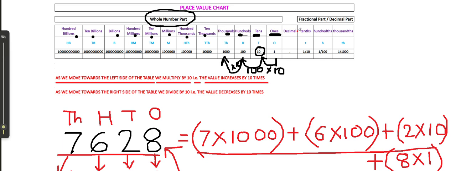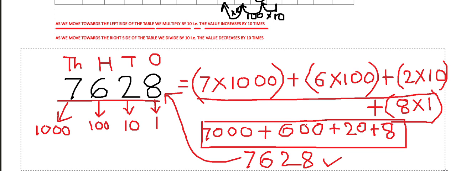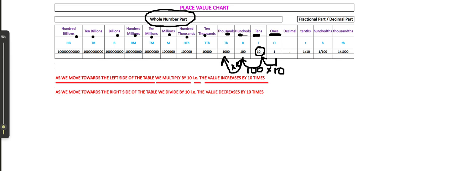Now I'm going to come to the fractional part or the decimal part. So I'm going to erase this part really quick. Thereby it's erased. Okay. So now we are going to discuss the fractional part or the decimal part. As we can see, the first fraction place is written tenths, right?